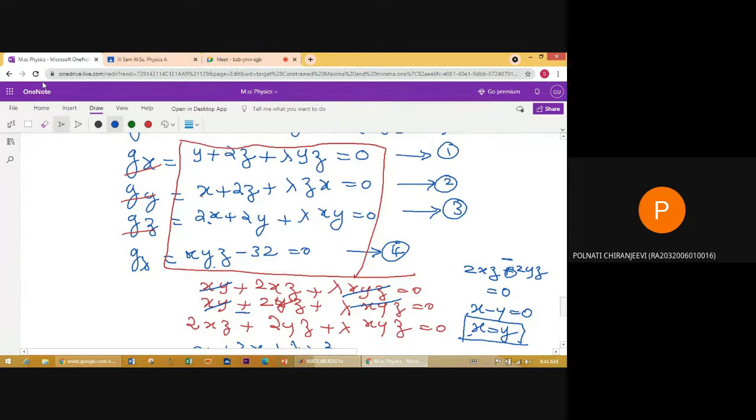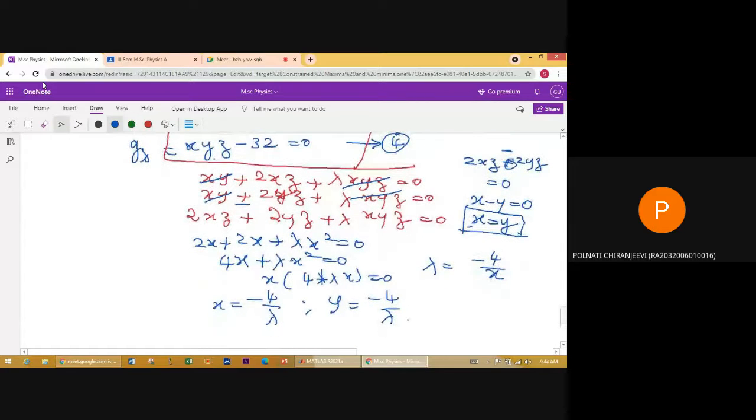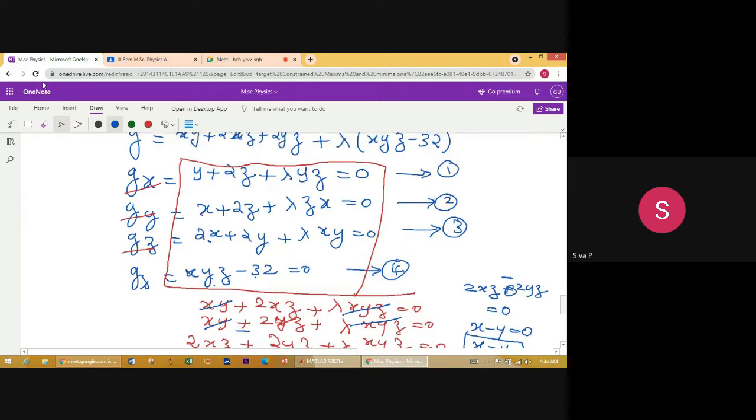Substituting, x equal to minus 4 by lambda, y equal to minus 4 by lambda. Z equal to what? Sir, 2 lambda square.